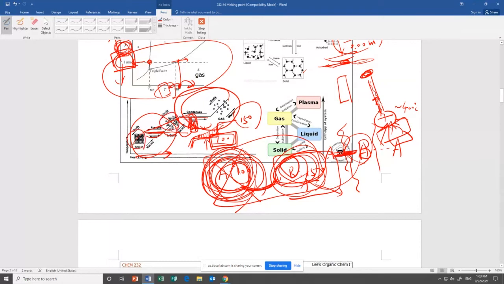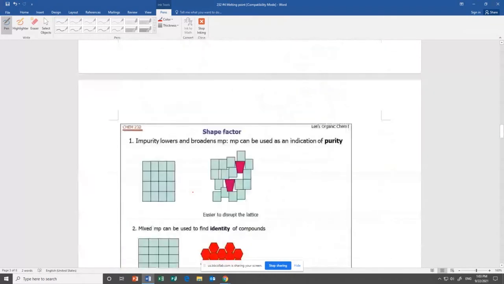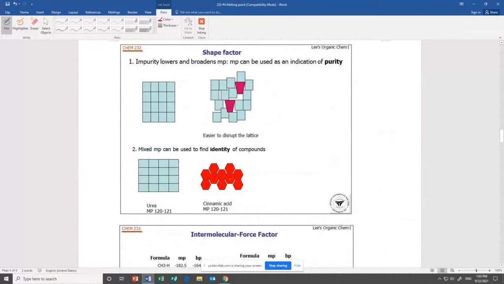So a solid turning into a liquid sounds simple, but it has to be measured considering all other factors. The factor we didn't look into was impurity, seriously, right? If you have impurity, the packing could have been really stable, but it isn't. So what does a low melting point mean?